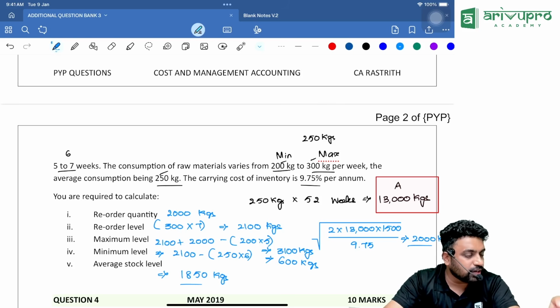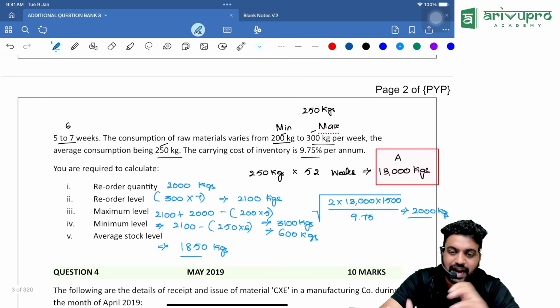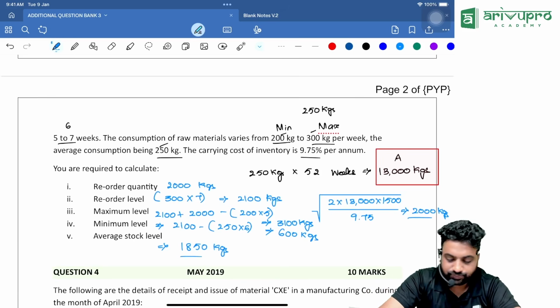Generally, if you write at normal speed, it should take 4 to 5 hours. If you want to complete that paper in 3 hours, you should be that quick. And in the name of speed, the quality should not get spoiled. The answer should not be wrong. So you should balance that, which means you should practice more and more.